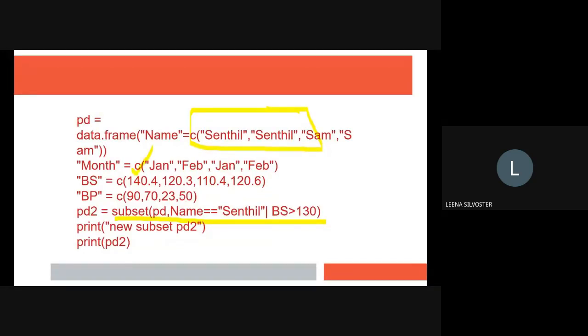All other values are less than 130. So what will be the output? Actually the condition is Senthil or. Or means either this condition or that condition: either name equal to Senthil or blood sugar greater than 130. So how many Senthil will be printed? 2 Senthils.